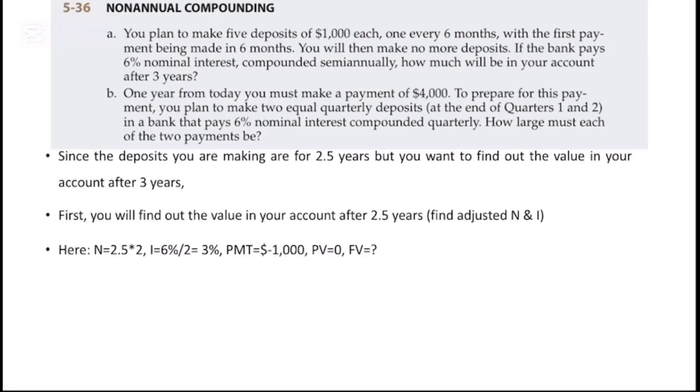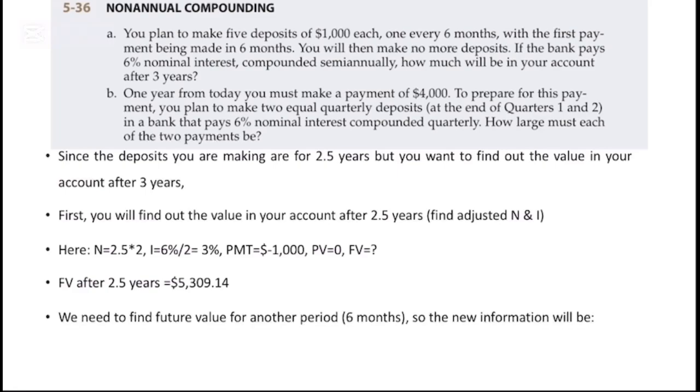We will divide it by 2, which comes out to be 3%. PMT, that is the equal payments, is $1,000. The present value is 0, since we don't make a deposit at year 0. And we'll find the future value by plugging all these values into the financial calculator. So the future value after 2.5 years turns out to be 5309.14.